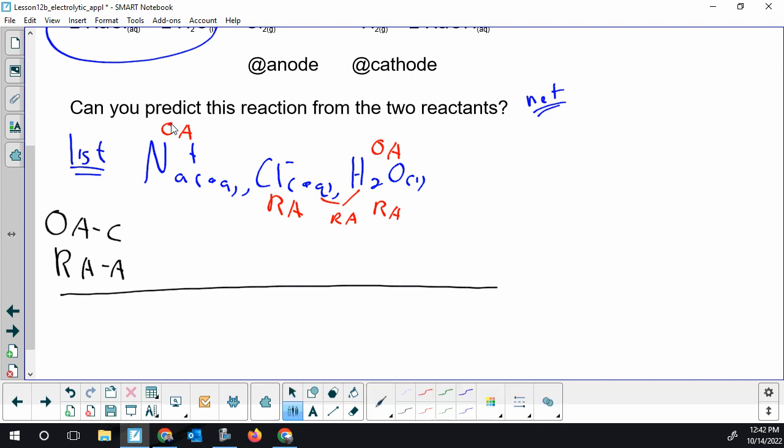So the strongest oxidizing agent at the cathode between sodium and water: water in the left-hand column is above sodium, and sodium's way down at the bottom. So water is our strongest oxidizing agent.